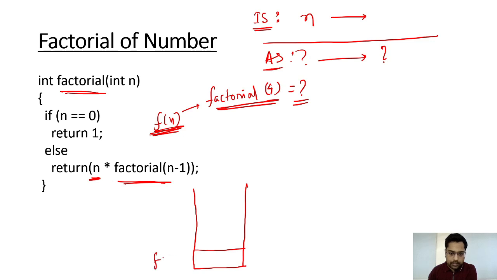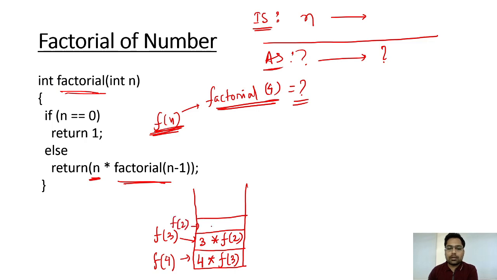For factorial 4, represented as f of 4, you have to write n, which is 4, into f of n minus 1, which is 3. Next is f of 3, which is 3 into f of 2. Now for 2, you write 2 into f of 1.